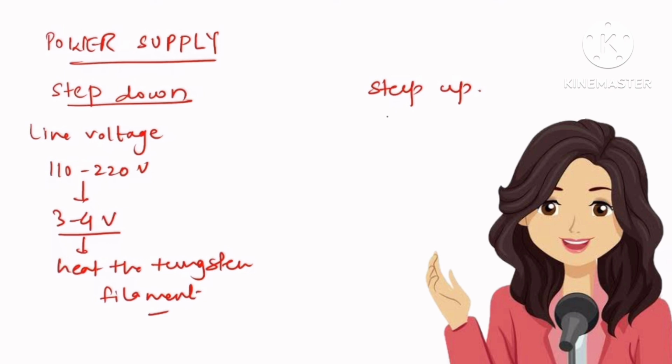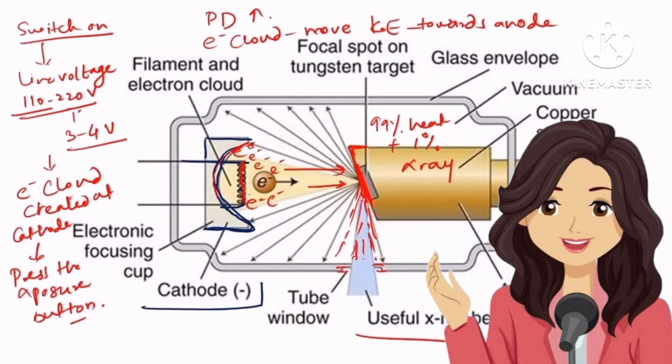And then we have the step up transformer. The step up transformer comes into play when an electron cloud is created. Now we need to send that electron cloud towards the anode with more speed, so we need to increase the potential difference between the anode and the cathode.